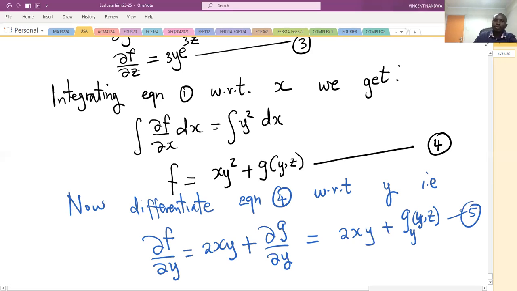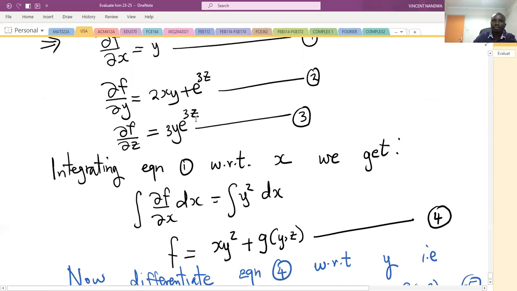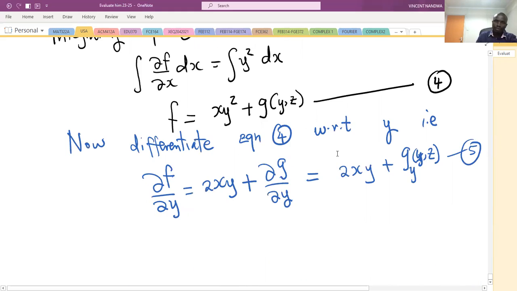Now you see equation 5 defines partial f partial y. Also equation 2 defines partial f partial y. So equation 5 equals equation 2, because all of them are defining partial f partial y.